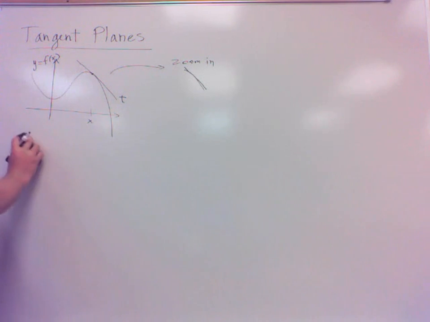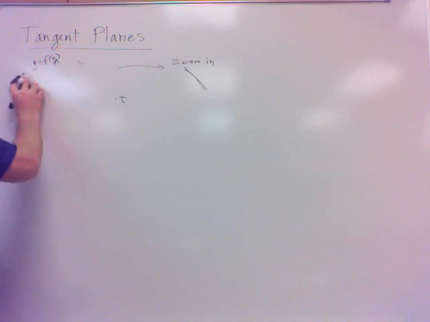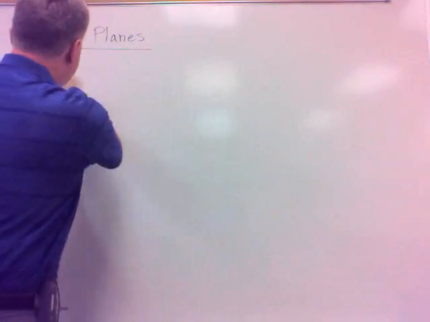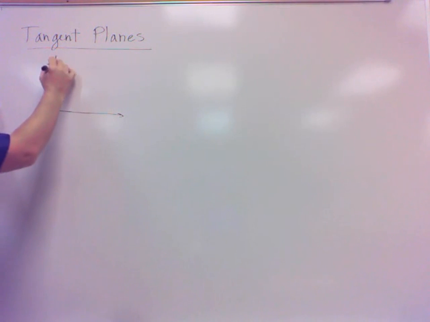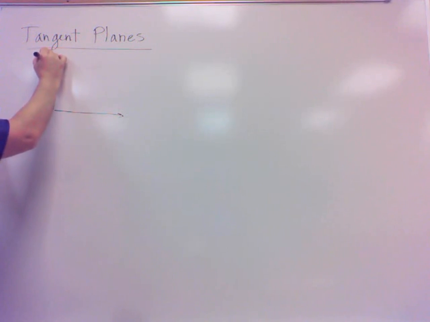Let me try to draw an example here. It gets harder to draw these things by hand, or it does for me anyway. We've got x, y, z. And let's say we've got a nice little paraboloid or something that we want to look at.